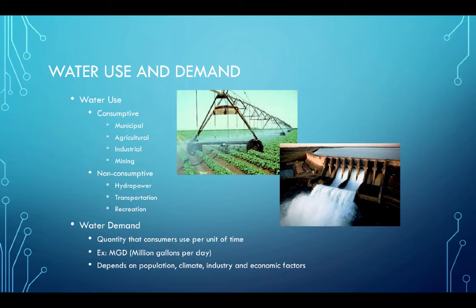So the water demand is the quantity that consumers use per unit of time. Examples are things like million gallons per day or liters per second, just to use an arbitrarily much different scale unit. And these depend on the population, the climate, the industry, and other economic factors.